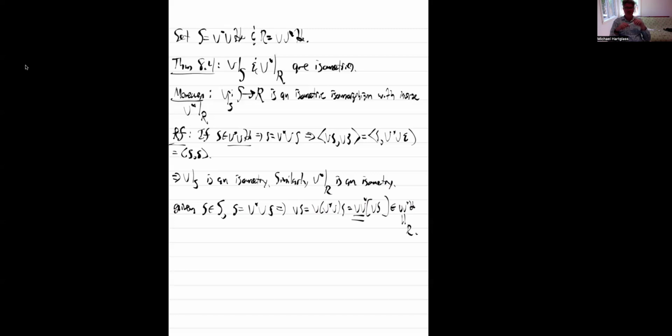And then to show it's an isometric isomorphism, well, I have a ready-made formula for the inverse.